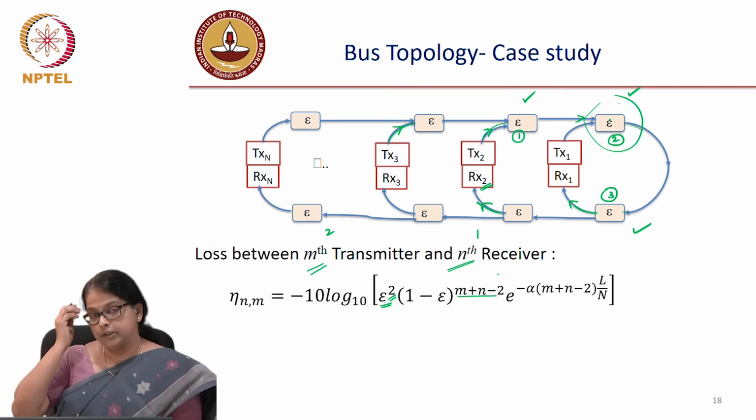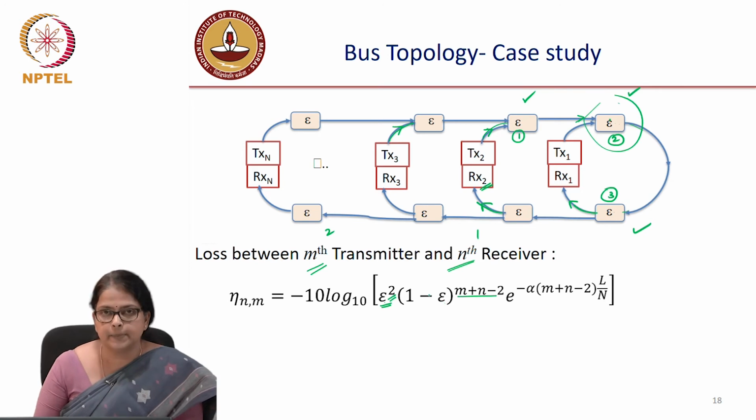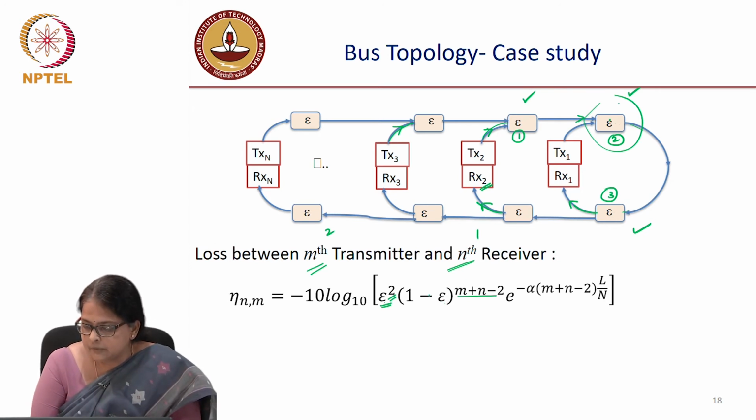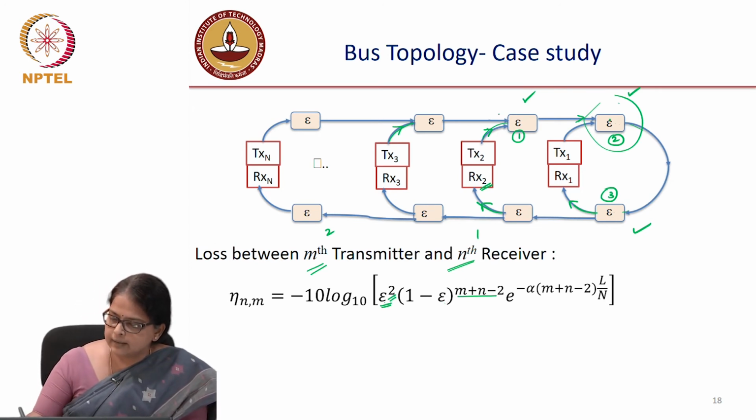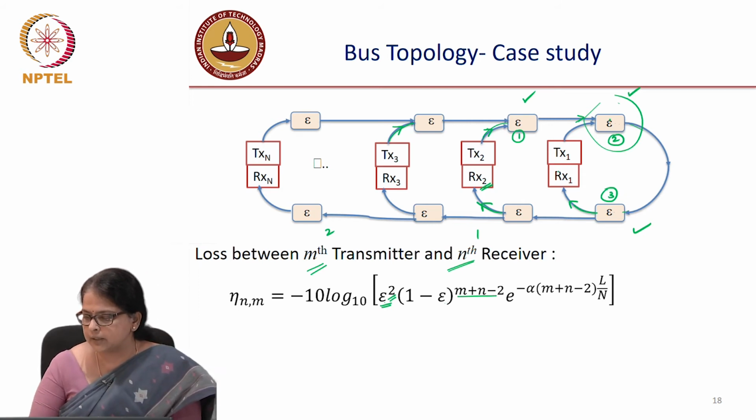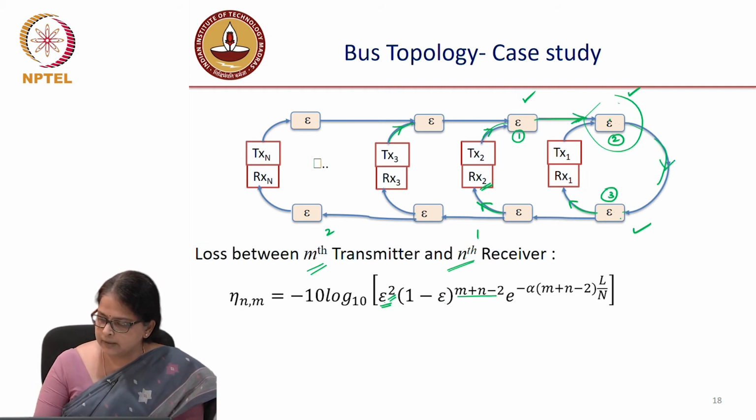So the loss introduced in the bypass couplers is 1 minus epsilon. And of course, you also have segments of fiber. For example, in between transmitter 2 and transmitter 1, you had a segment of fiber here, you had a segment of fiber here, before it reaches transmitter 1. And for example, here between 3 and 2, you had 1, 2, 3, 4 segments of fiber.